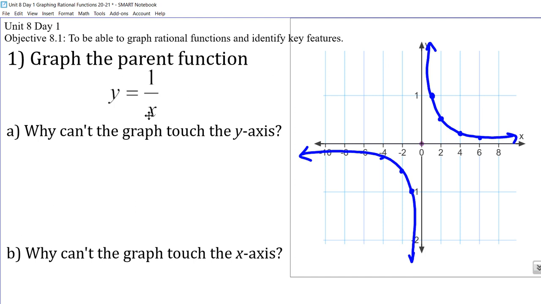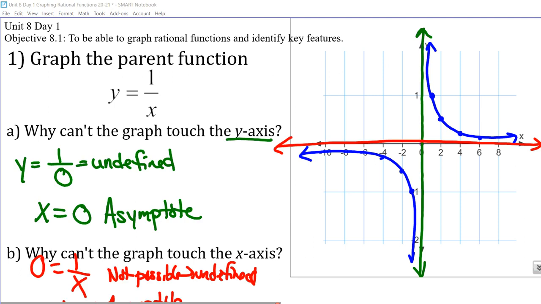If I'm putting a small value in, then it's having a larger output. But notice, every time that I put a value in for x, I'm going to end up with something. I'm not going to end up with nothing. Therefore, it cannot have an output of 0, which would be touching the x-axis.